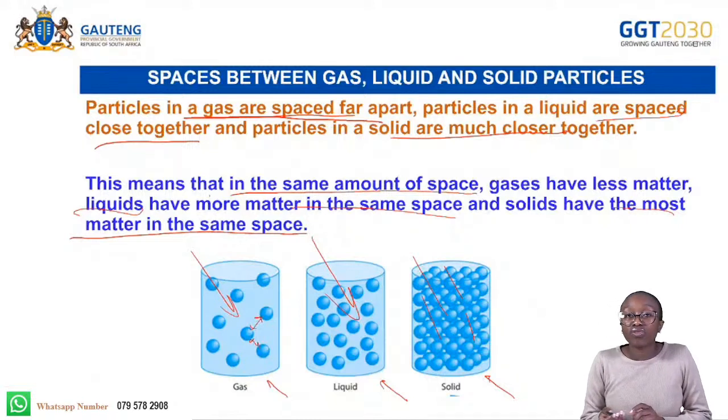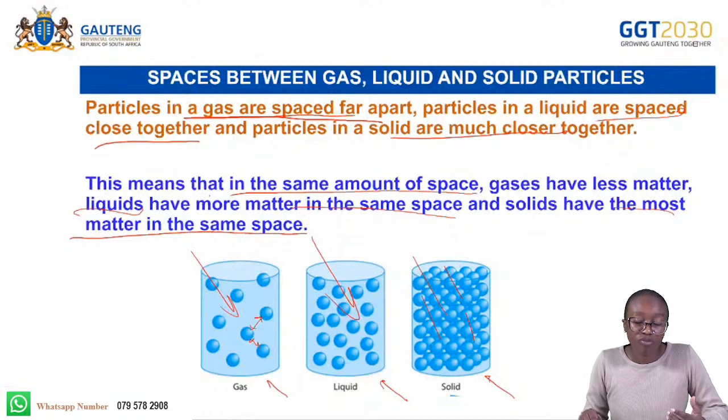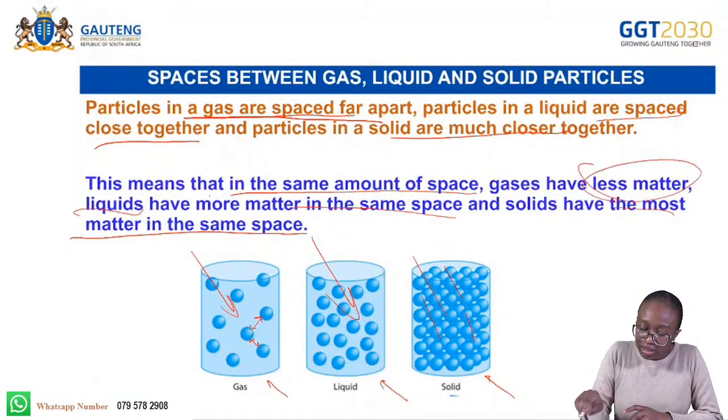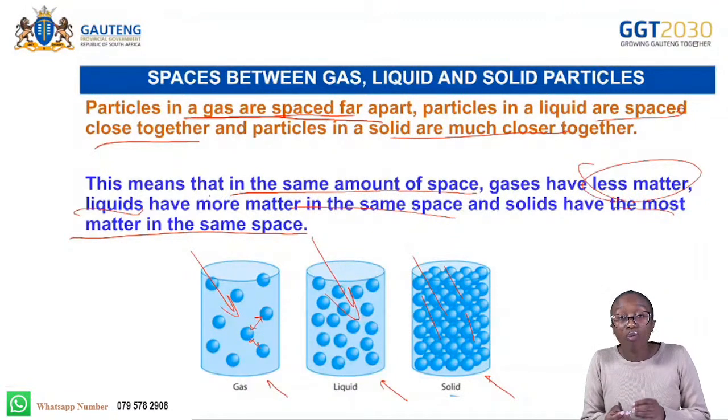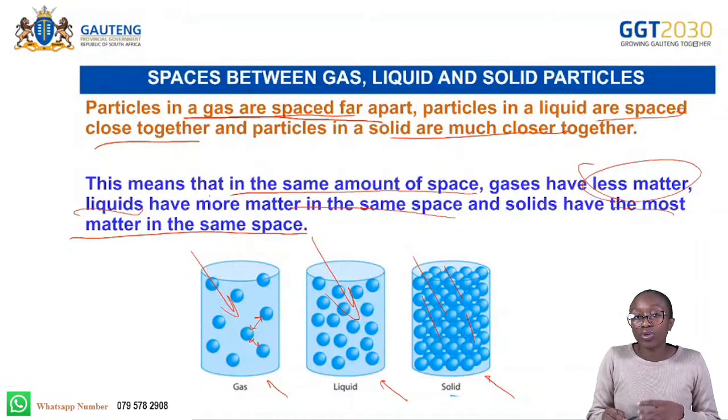So because of that, we are able to compress them, because they have large spaces between them and fewer number of particles, or less matter. Solids have smaller spaces between the particles, so they have more matter and therefore cannot be compressed.